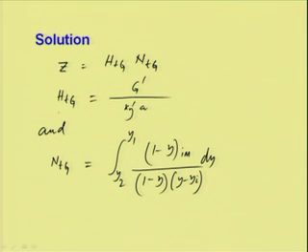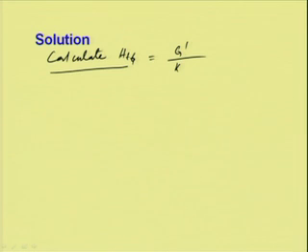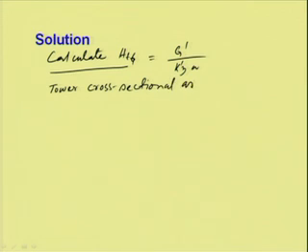Now, let us calculate HTG, which is equal to G dash by Ky dash A. We know the tower cross sectional area is 1 meter square.